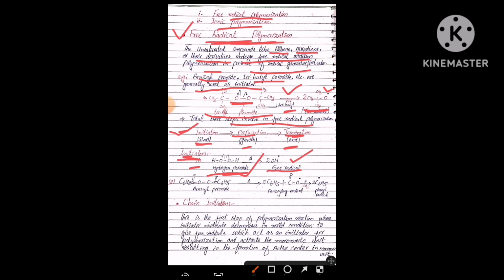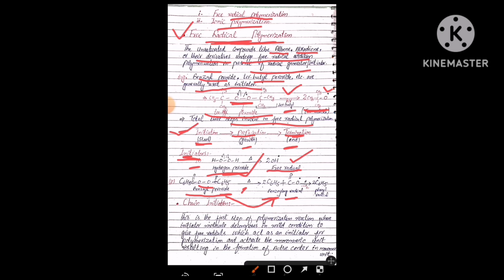Another example is benzoyl peroxide. The terminal side has a benzoyl group, C6H5COO-OOCC6H5. The central O-O bond is a peroxide species. If we heat it, this oxygen-oxygen bond will break homolytically and convert into benzoyloxy radicals.